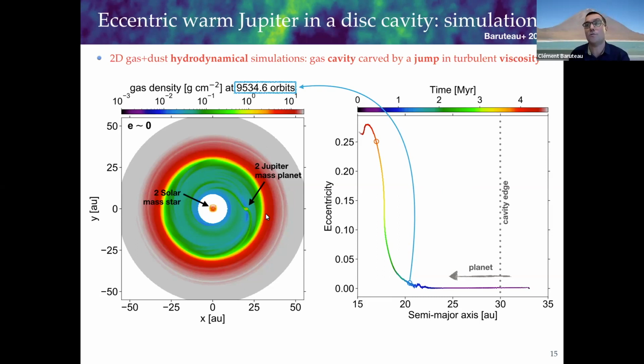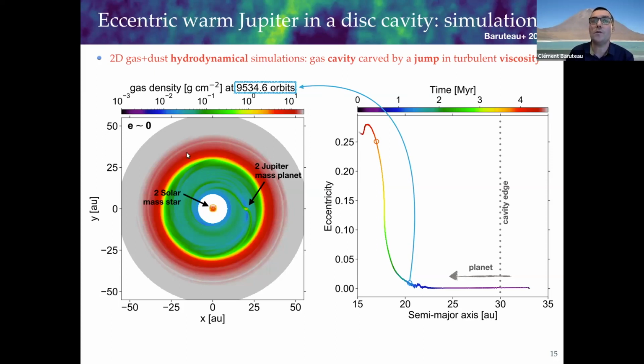So this is the assumption that we make. So alpha is quite large inside the cavity, like a few percent, and reaches quite a low value, a few times 10^-4, in the outer parts of the disk. And this is usually something that we would expect if a cavity forms, for instance, if you have photoevaporation going on, or another mechanism actually.